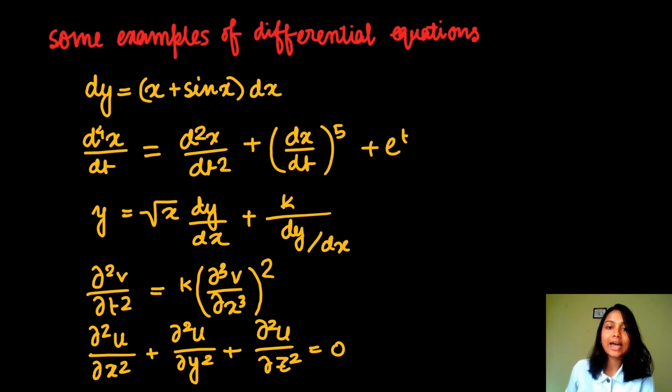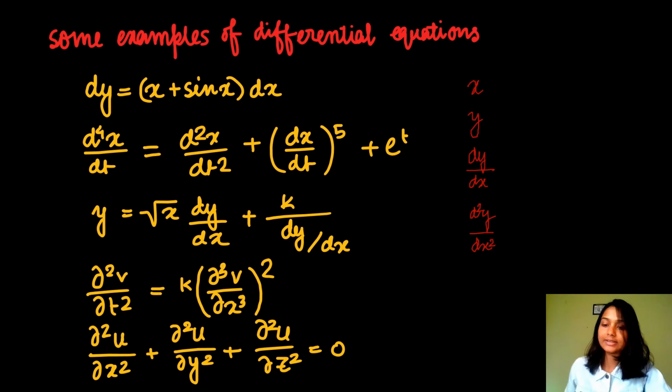Suppose we have a function like this, with an independent variable x and a dependent variable y, and the derivatives of the dependent variable can be denoted as dy by dx, d2y by dx2, and so on.